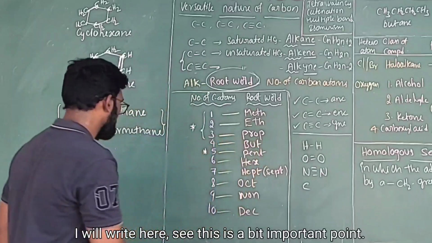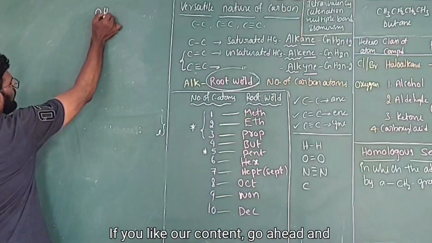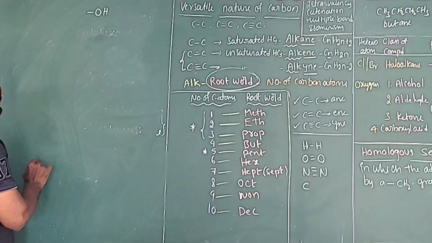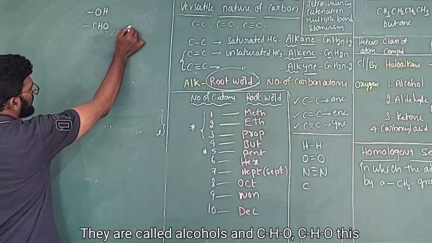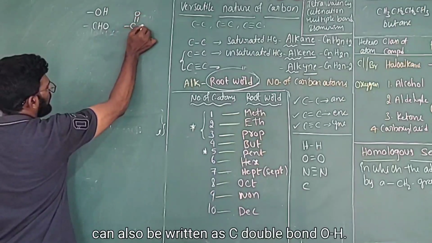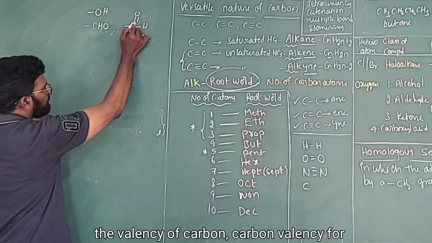I'll write here. See, this is a bit of an important point. If any compound has OH as a functional group, it is called an alcohol, and CHO can also be written as C double bond OH. This representation gives you clarity about the valency of carbon.